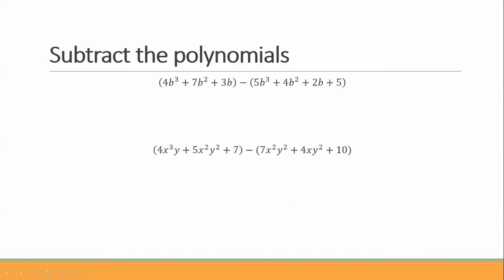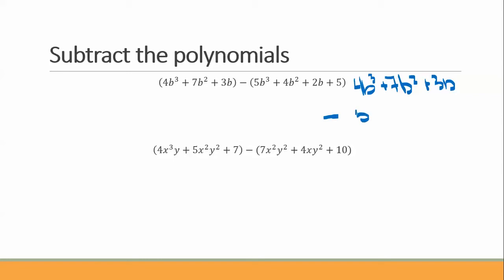Now we're subtracting polynomials. Again, we're going to line it up vertically so that we can see what our like terms are. So this first one we have 4b cubed plus 7b squared plus 3b. And the second one we're subtracting all of this.